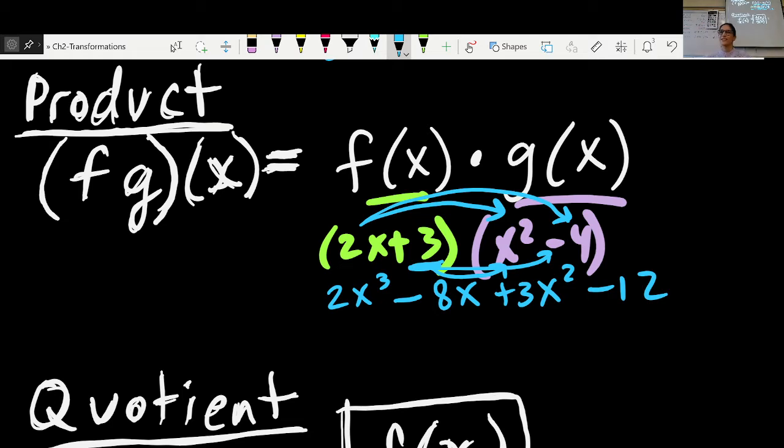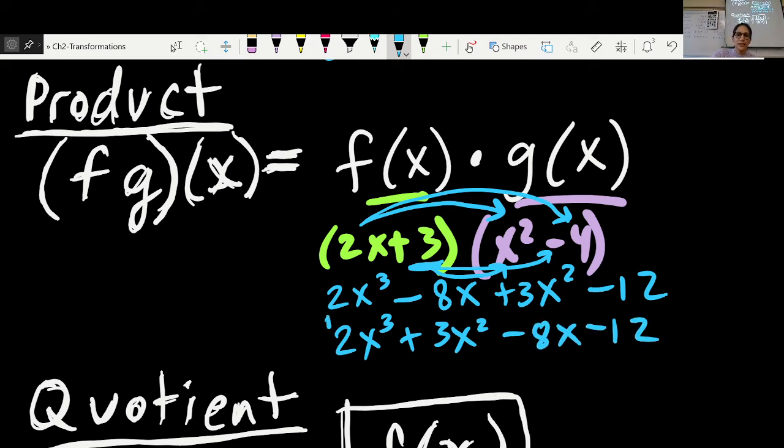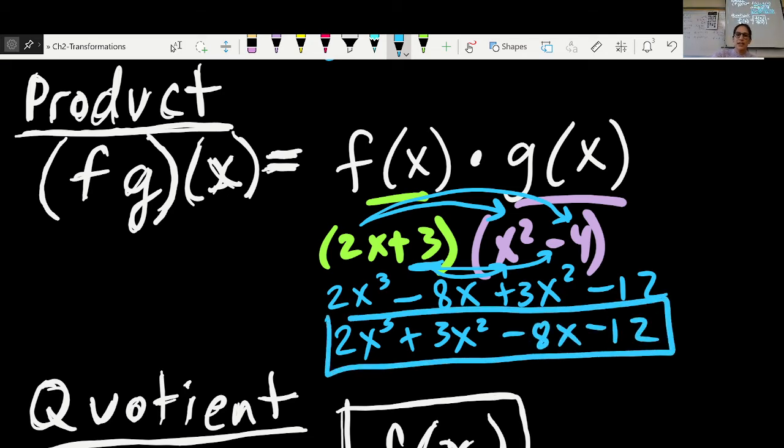Are we okay with that? It's fine if you leave it like that, but we like to get into the habit of putting it in descending order. So 2x cubed plus 3x squared minus 8x minus 12. And that's how we would deal with this.